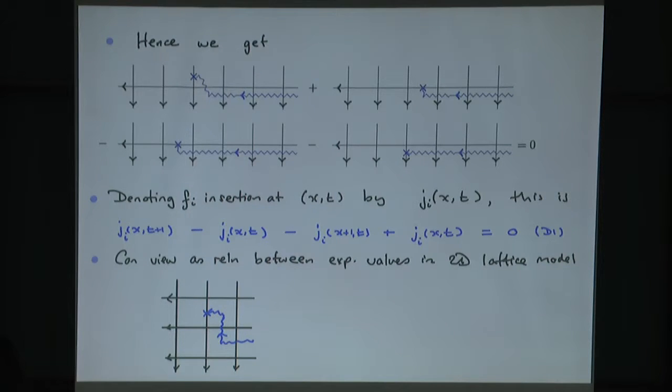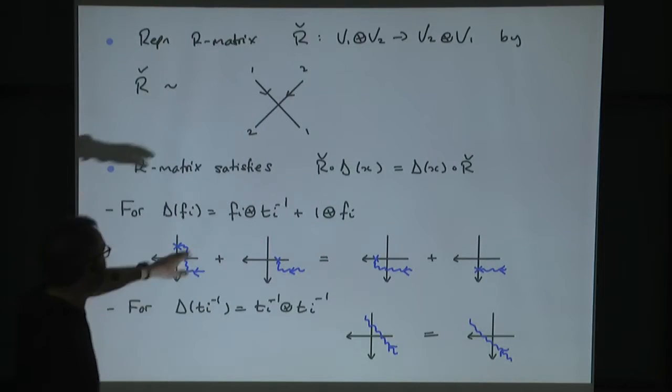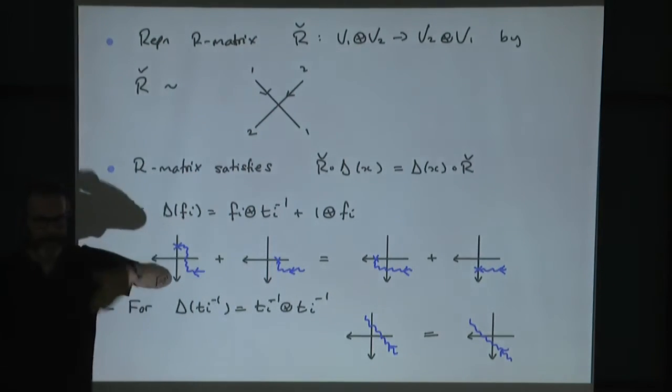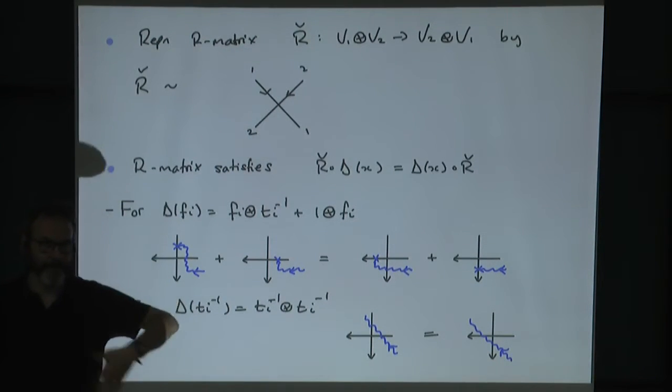But I want to view it in the other direction. I want to view the underlying structure as the quantum group that has linear relations that imply Yang-Baxter. That's the philosophy. And the linear relations are the conserved currents. That's the idea. So I'm not saying anything deep. All I'm saying is, I want to think of this as the fundamental relation, and that implies Yang-Baxter, and that's the philosophy of the quantum groups approach.